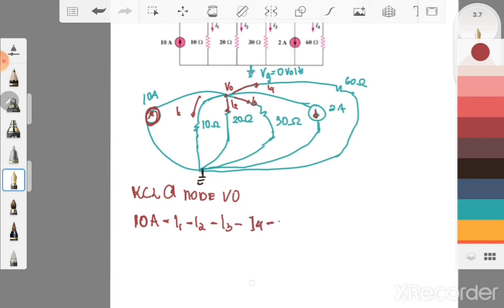Minus 2 ampere. Equals 0 because the summation of IN must be equal to 0 based on the principle of conservation of charges. Okay? So, may 10 ampere ka at negative 2 ampere ka. Therefore, I may say that my I1 plus I2 plus I3 plus I4 is equal to 8 amperes. Okay? Simply 8 para hindi na lang kayo malito.